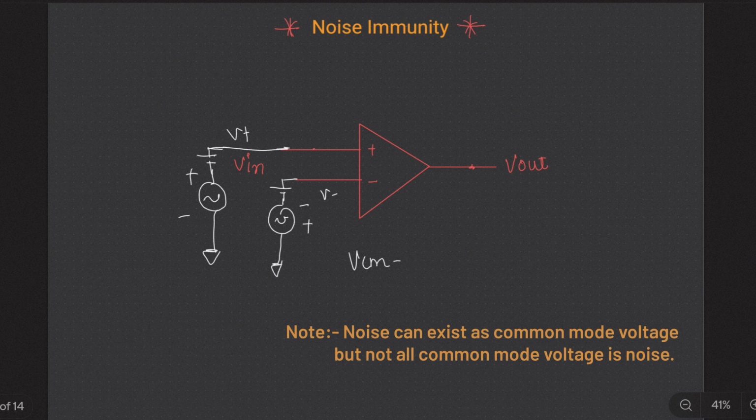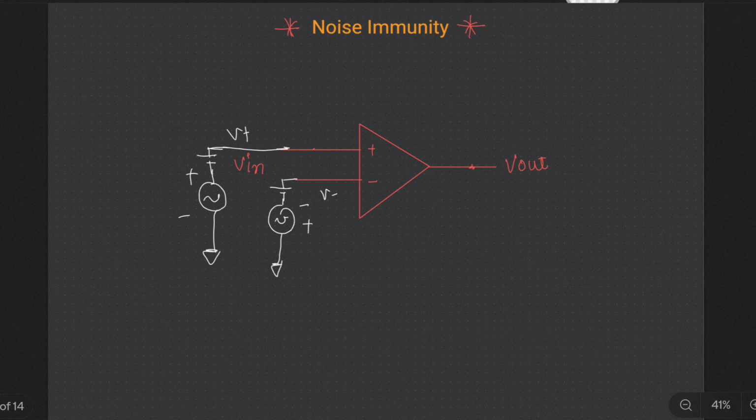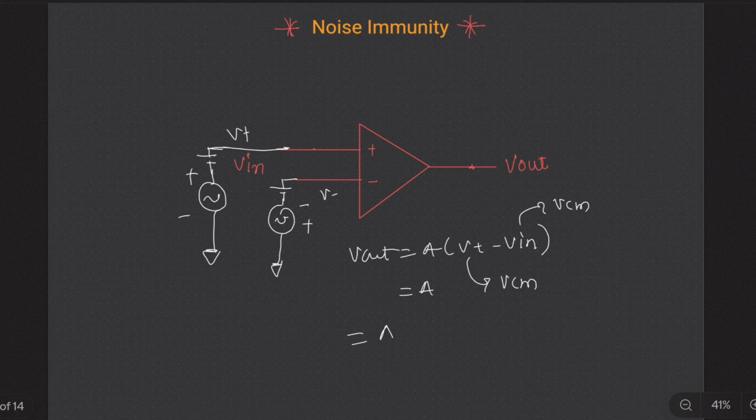So our Opamp can successfully eliminate the VCM. Why can it eliminate? Because Vout is A into A plus minus A in. This might be containing VCM and this is also containing VCM. So how can we expand this? Let this be VID. So this will be VID minus.